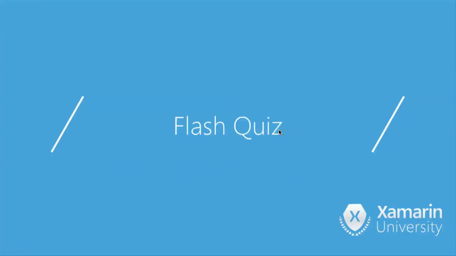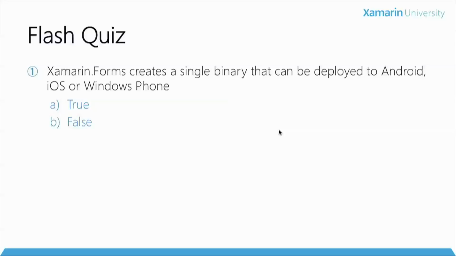And now it's time to see how much we remember from the class so far. Let's have a little flash quiz. First question. Xamarin.Forms creates a single binary that can be deployed to Android, iOS or Windows Phone. What do you think? Is that true or false?